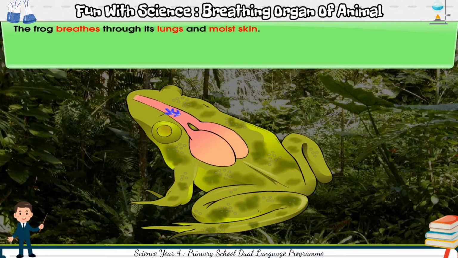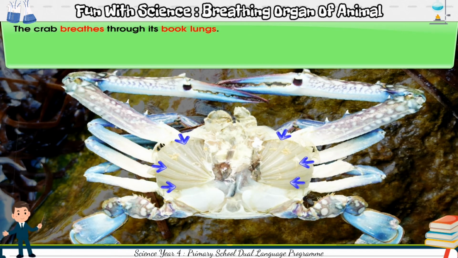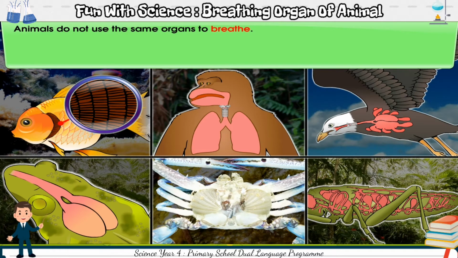The frog breathes through its lungs and moist skin. The crab breathes through its book lungs. The grasshopper breathes through its trachea structures. Animals do not use the same organs to breathe.